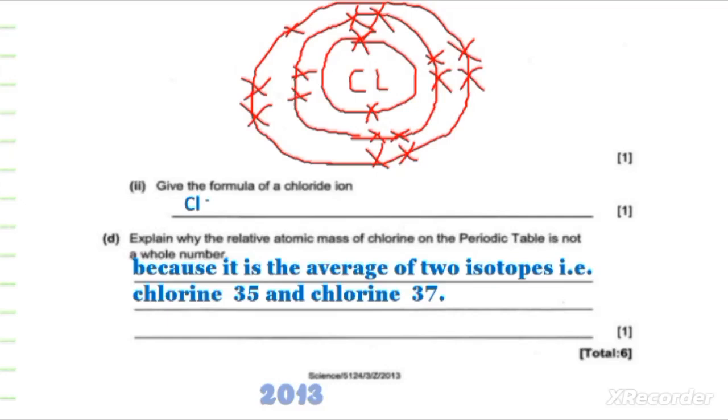We are done calculating this, so there is no need to elaborate more here. So the reason why chlorine is 35.5 and not a whole number is that 35.5 is an average of 2 isotopes, chlorine 35 and chlorine 37. Okay, we have answered this question.